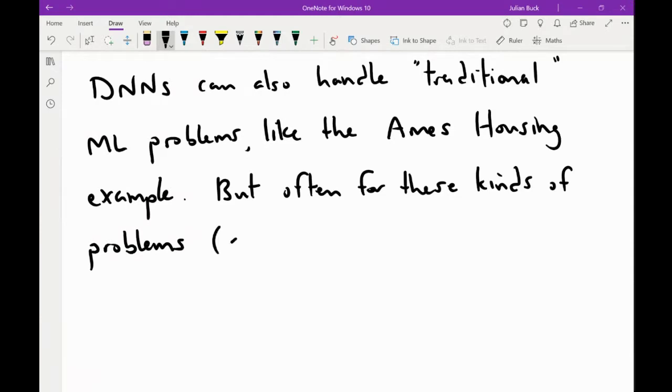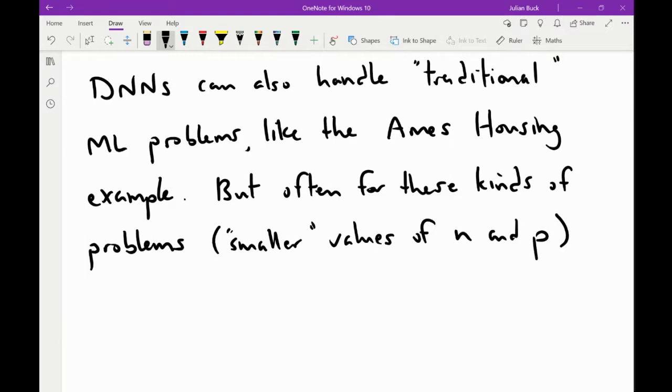Smaller values of n and p. I won't try to define what I mean by smaller right now, but in the context of neural networks, something like the Ames housing data set is very small, where you have values in the thousands or hundreds and so on.